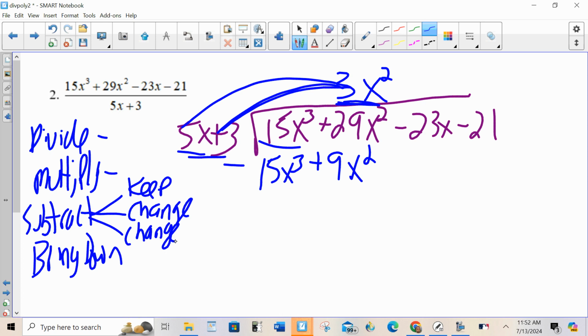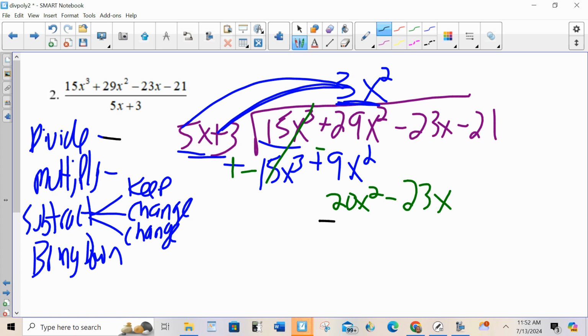So I'm going to keep the first polynomial, change the subtraction to addition, and change the sign of everything in the second one. The x cubes cancel. 29 plus negative 9 is 20x squared. And then we bring down minus 23x. End of cycle. New cycle.